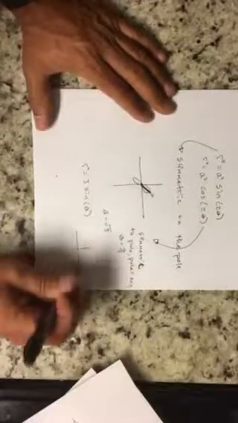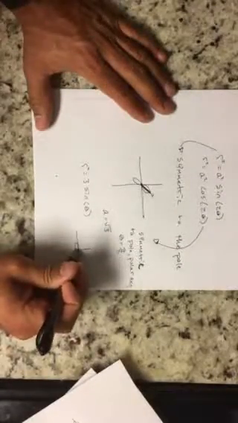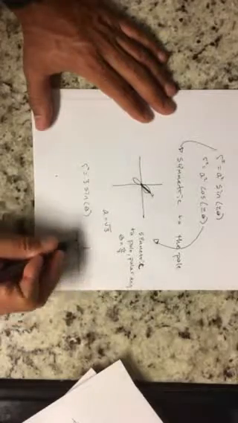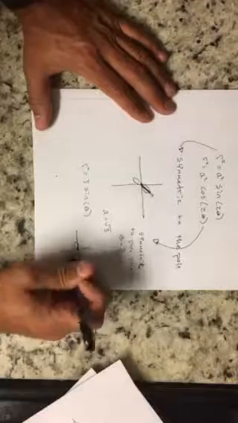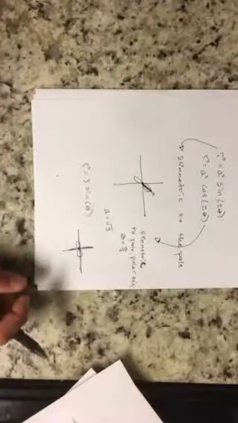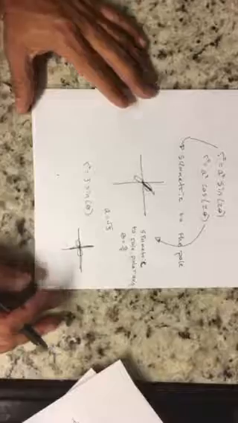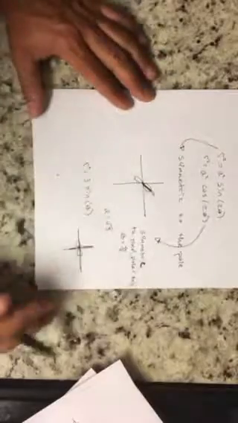The way that would look is something like this. It's symmetric here, reflected across, symmetric here, reflected across, and symmetric here, reflected across. All of those values would be mirror images of each other. So when we're dealing with a cosine, we make it graph this way, and when we're dealing with a sine, we make it graph this way.